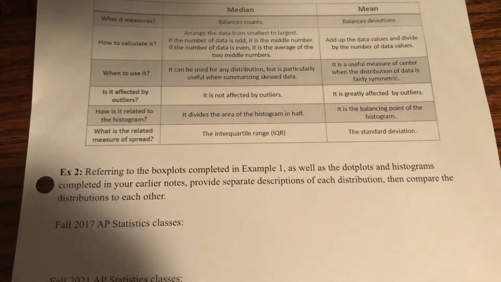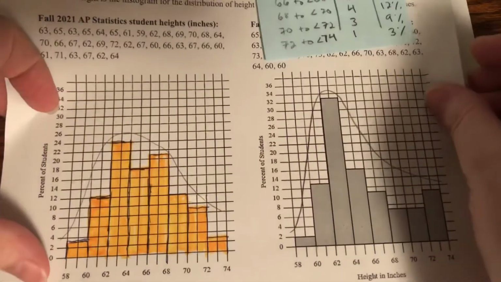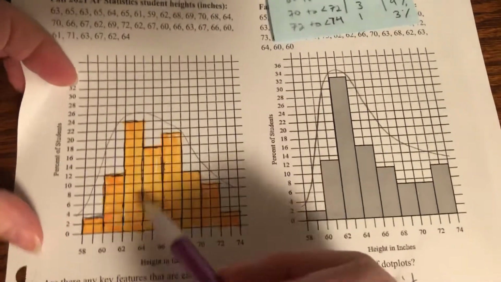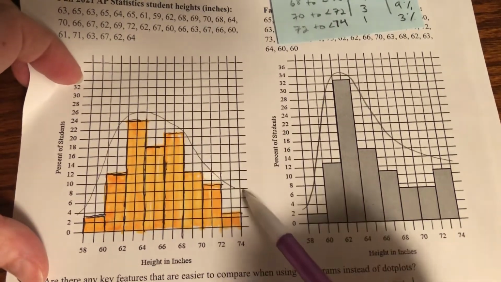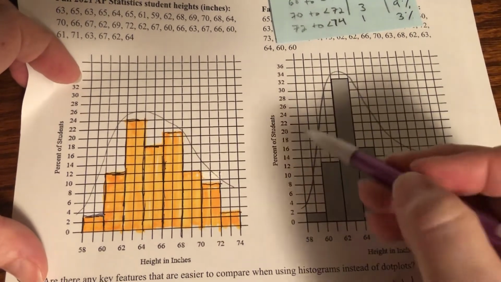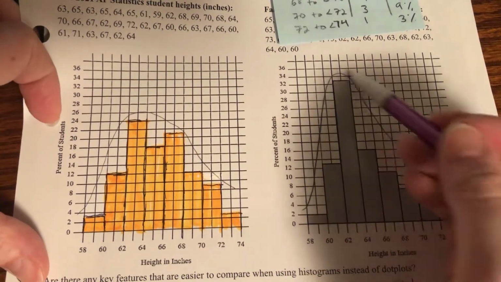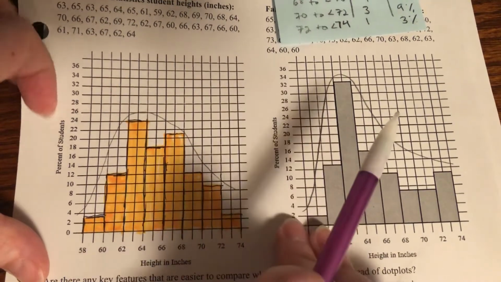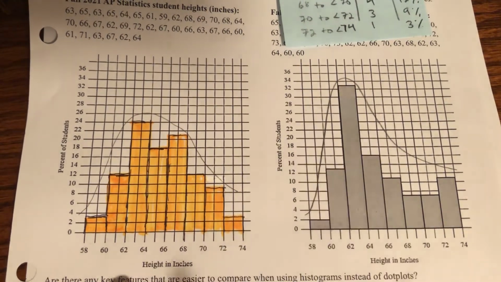When you take a look at the histograms that were completed previously, you can definitely see this. This distribution seems to be roughly symmetric, not perfectly, but roughly. While my 2017 students seem to have a right skewed distribution of heights. So you can see the same thing in both. And again, they both seem to be single peaked.